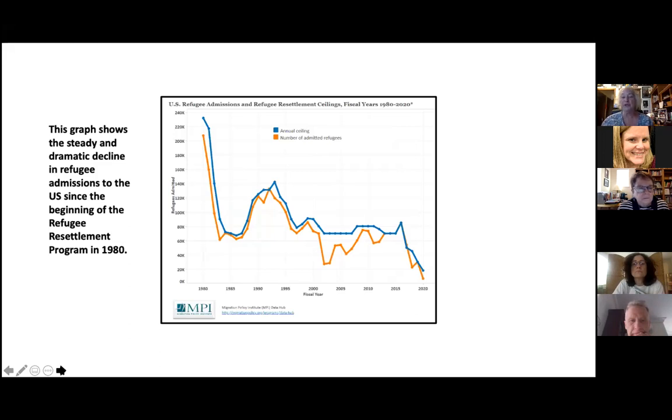There's been recent news about President Biden has raised the number back up to about 65,000 for this year, but I'm not sure how many of them have actually come yet, because so much of the process for letting people in had been dismantled.